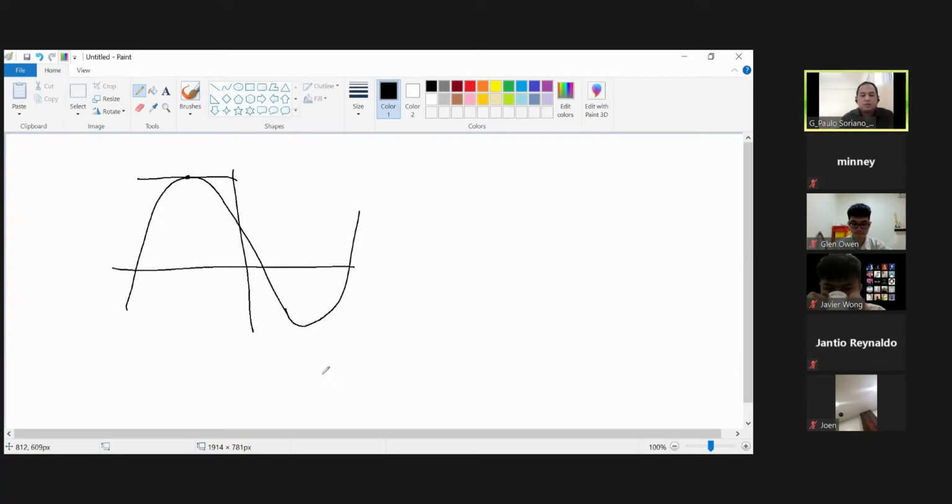If you have another turning point over here and it's lower than this one, you call this a minima, a minimum point. However, this is pertaining to graphs.